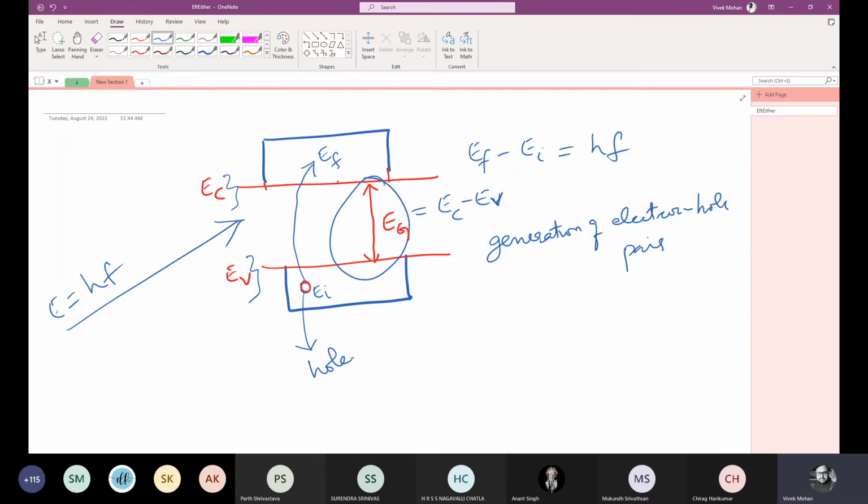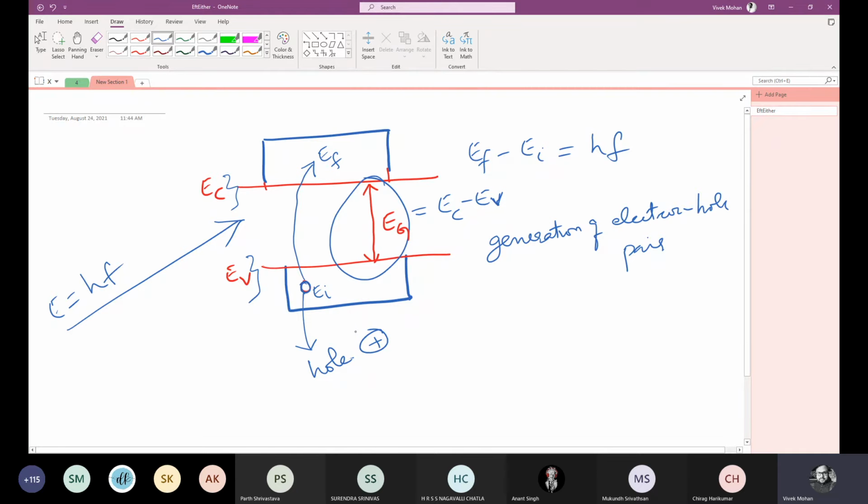Now, if an electron is excited from EI to EF as shown, a void is created here at EI, right? This is what is known as a hole. This void behaves like a particle with a positive elementary charge. The absorption of a photon therefore leads to the creation of an electron hole pair.